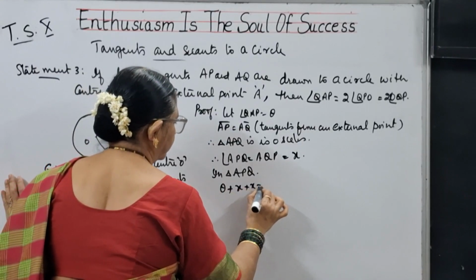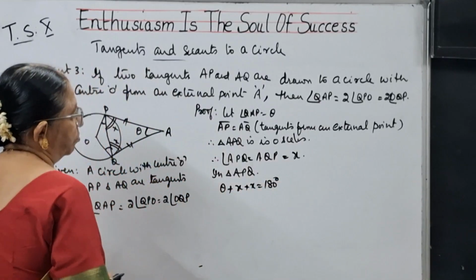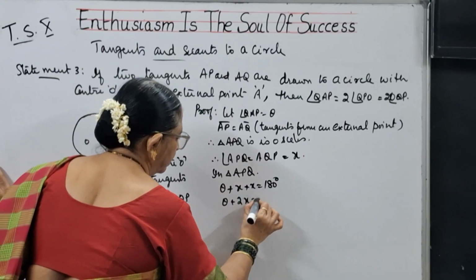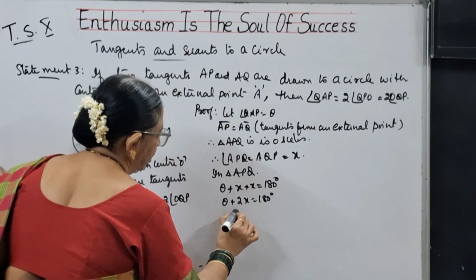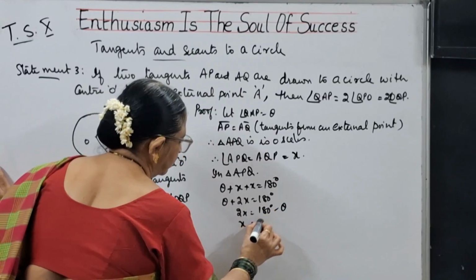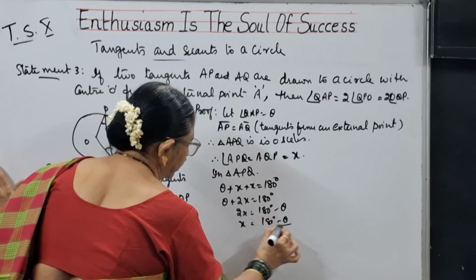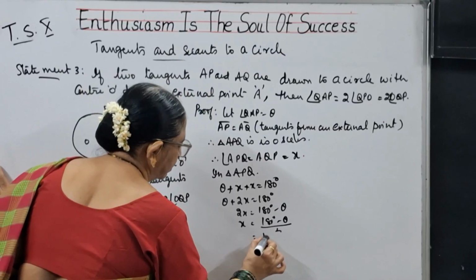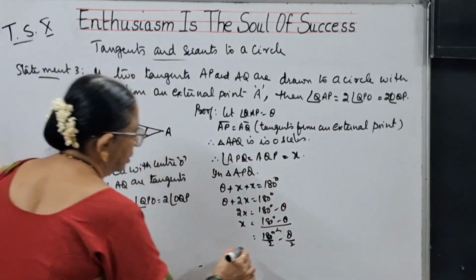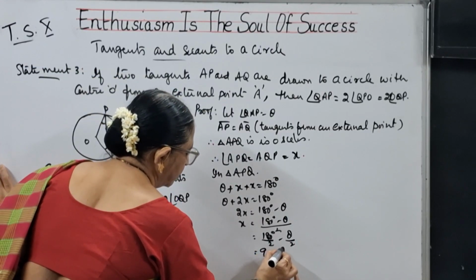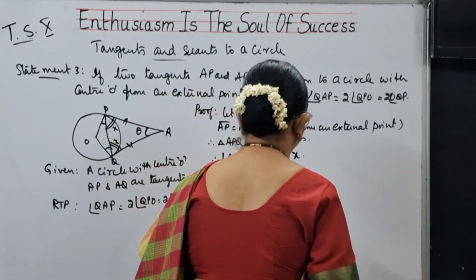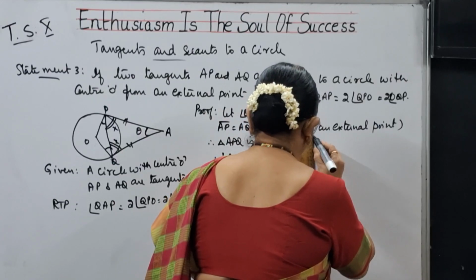Theta plus 2x is equal to 180 degrees. You know, sum of the three angles is 180 degrees. So 2x is equal to 180 degrees minus theta. So x is equal to (180 degrees minus theta) by 2. That means you will write it as 180 degrees by 2 minus theta by 2. That means 90 minus theta by 2. X value is 90 minus theta by 2 you have got. Now let us proceed.